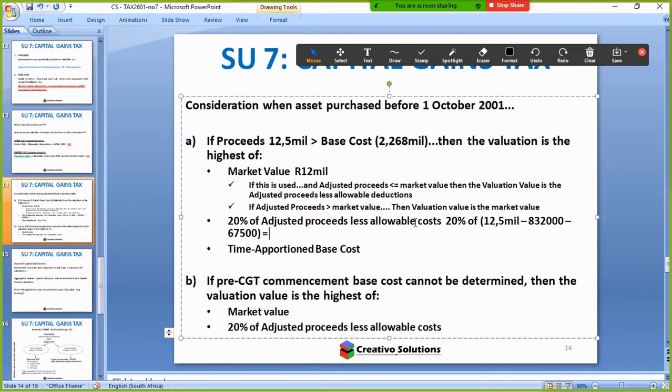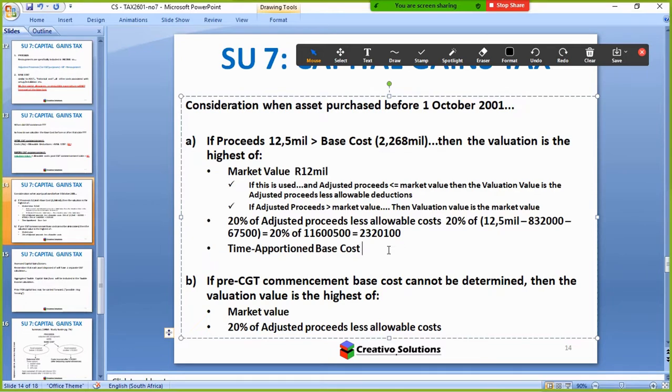Okay, on the calculator, let's work that out. 12.5 minus 832 minus 67.5 gives you 11,600,500. 20% of this, 11,600,500 times 20%. I get 2,320,100. Do you get that as well? Yes. Okay.